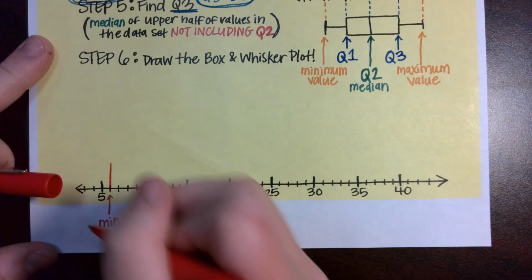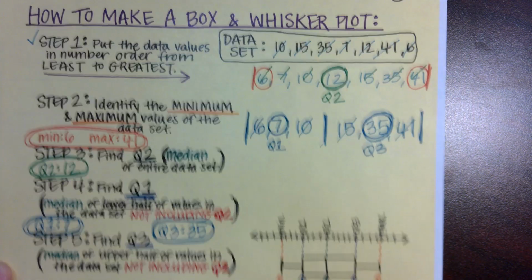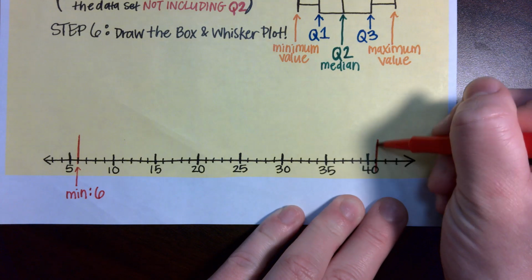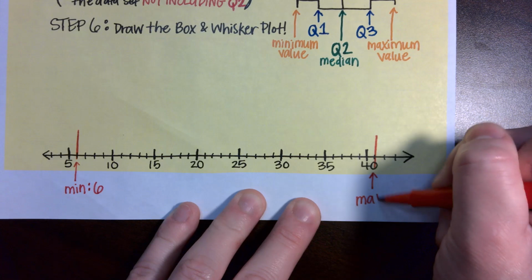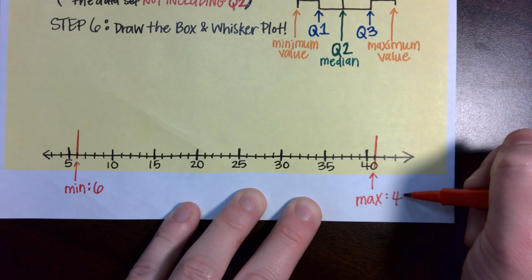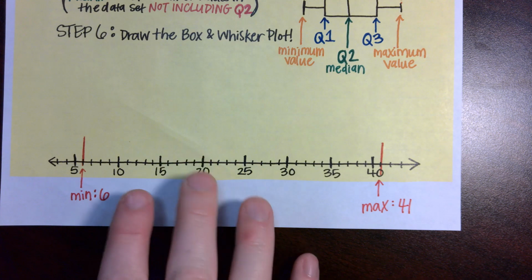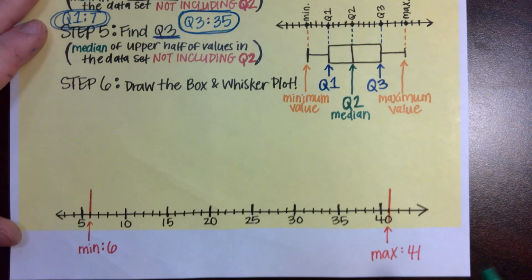So maybe before you draw your box plot, we could even go through and label our number line. So my minimum was 6. What was my maximum? 41. So let's also label 41 right here. Okay, next let's go ahead and look where our median is going to be on this graph, where our Q2.